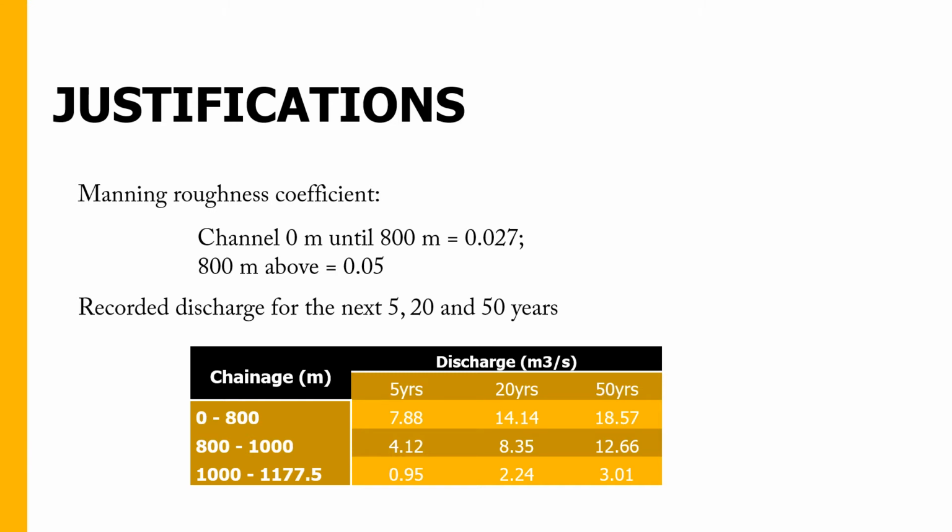To analyze the effectiveness of the channel, the recorded discharge of Linggi River for the next 5, 20, and 50 years were also tabulated and input into the HEC-RAS model.